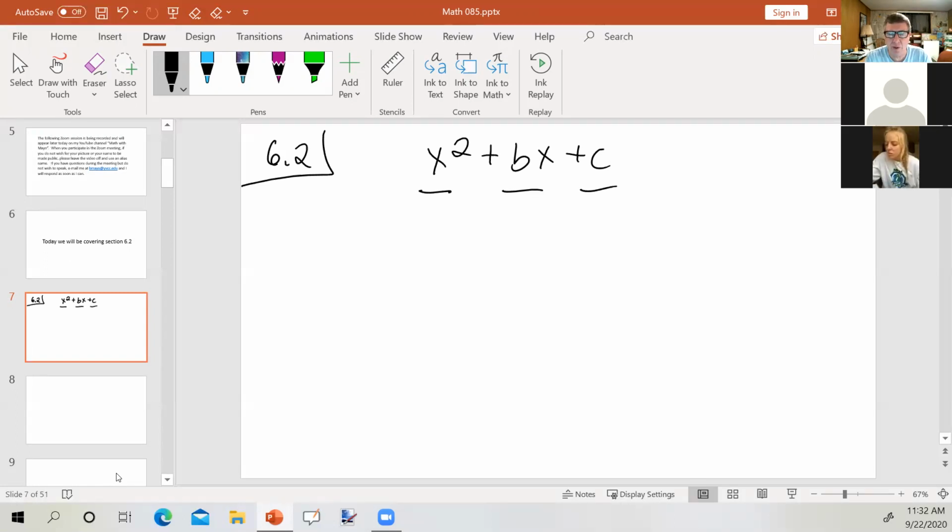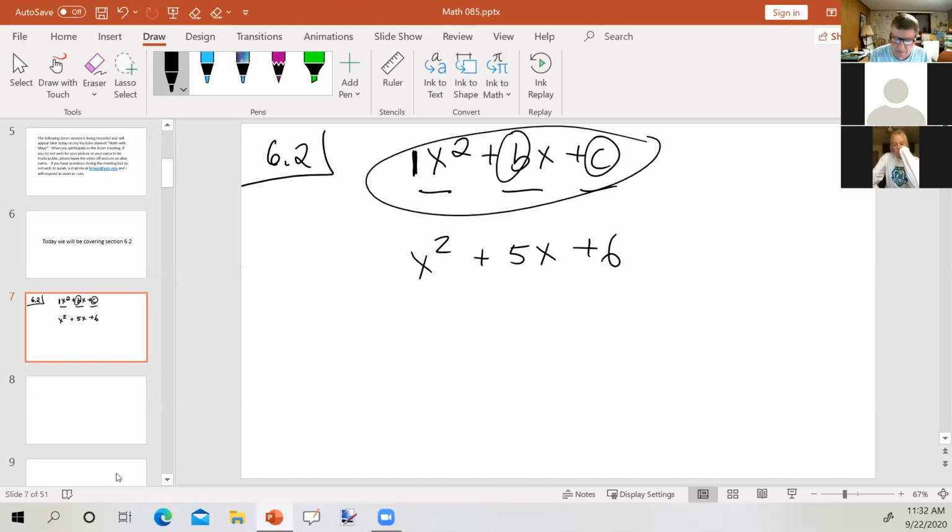So that is a trinomial. Now, notice that there's no letter in front of x squared. So what we're dealing with here is a trinomial where the leading coefficient is a 1 or an implied 1. B and C imply that there might be something there other than a 1. So for instance, x squared plus 5x plus 6 would be a trinomial that's in this form. Do you have any questions about that? I'll take that as a no.